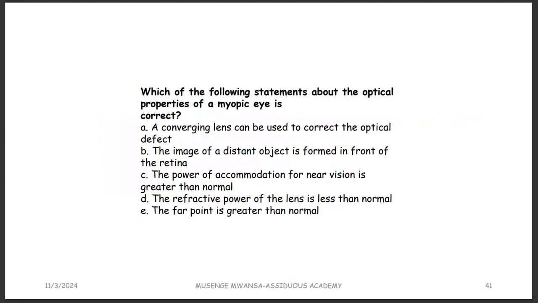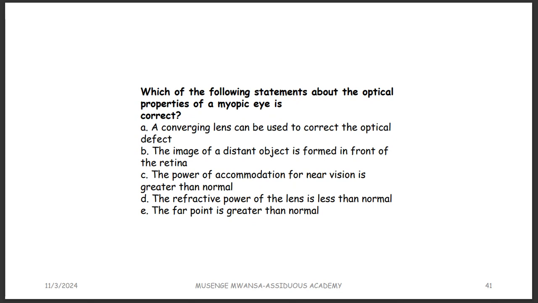Which of the following statements about the optical properties of a myopic eye is correct? A, a converging lens can be used to correct the optical defect. B, the image of a distant object is formed in front of the retina. C, the power of accommodation for near vision is greater than normal.